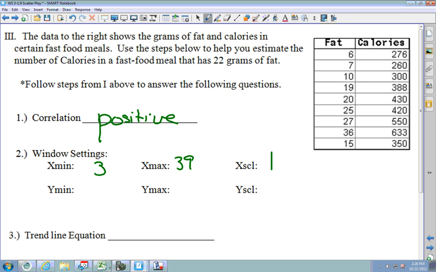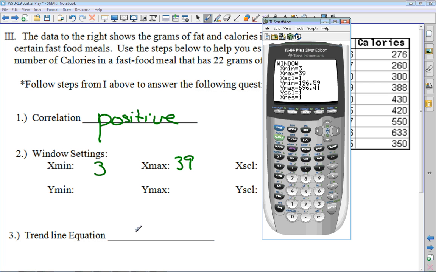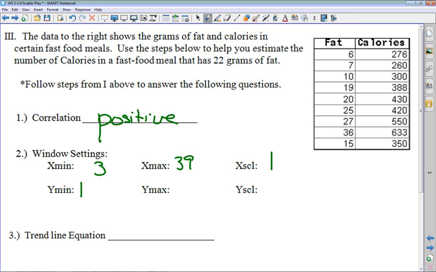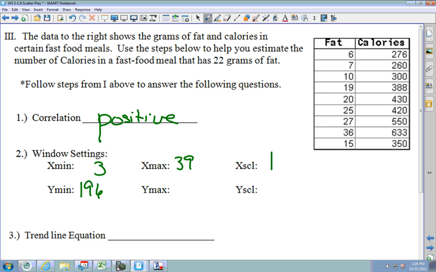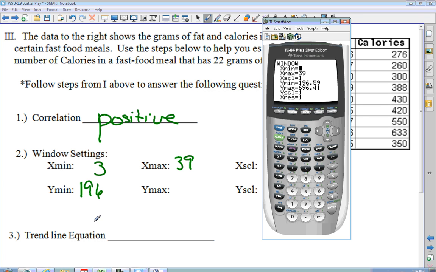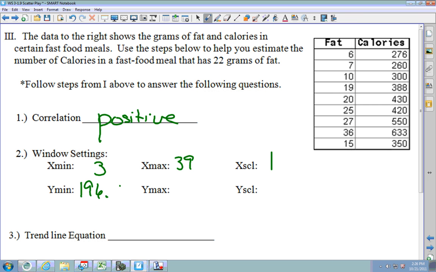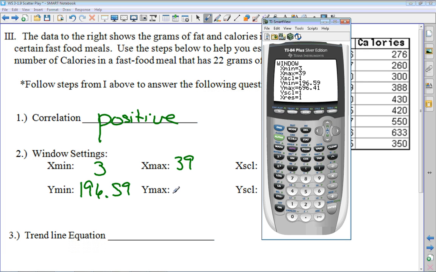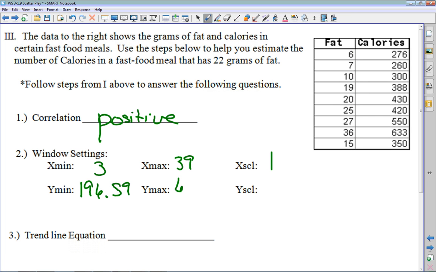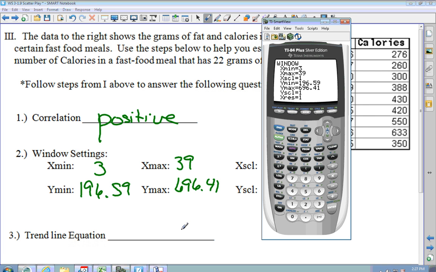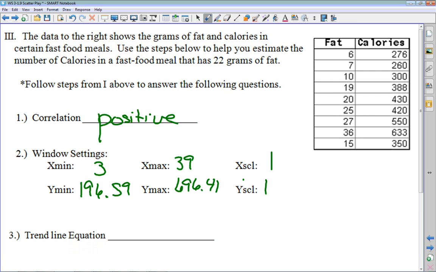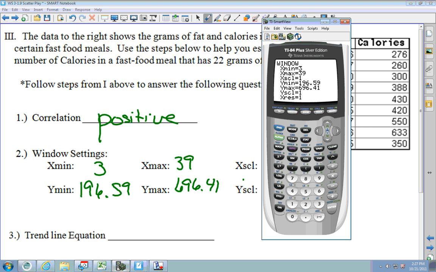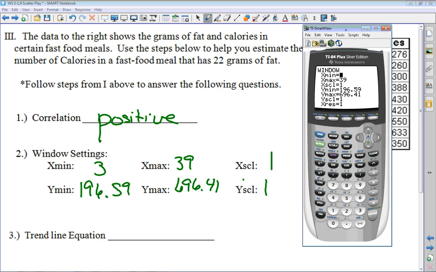Then I have 196, 0.59, 696.41, and 1. All right. Let me put that up there. There's my window settings.